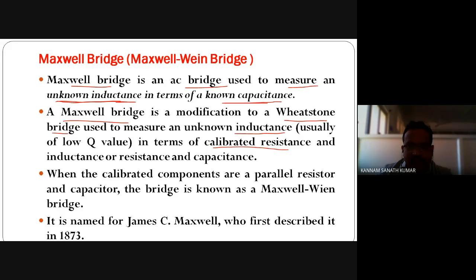That means we can find the inductance or resistance and capacitance. The calibrated components are a parallel combination of resistor and capacitor. That's why we call this the Maxwell-Wien bridge.